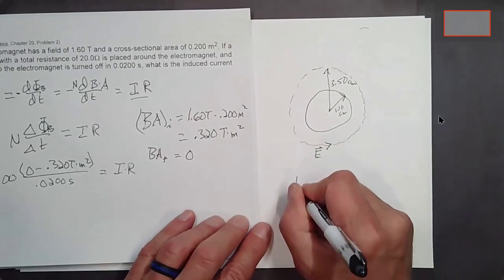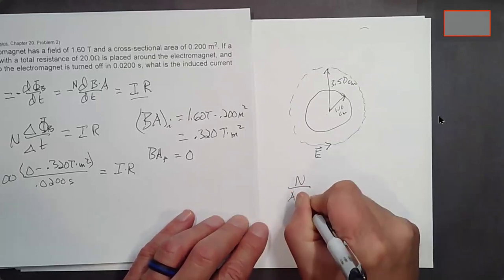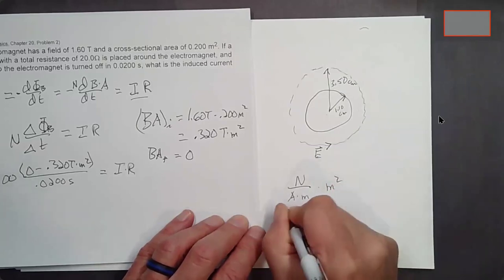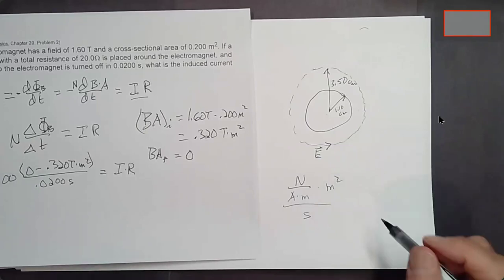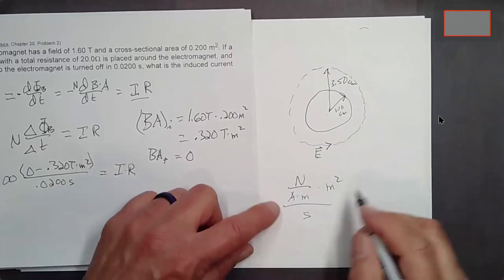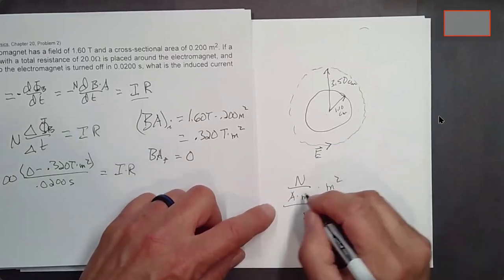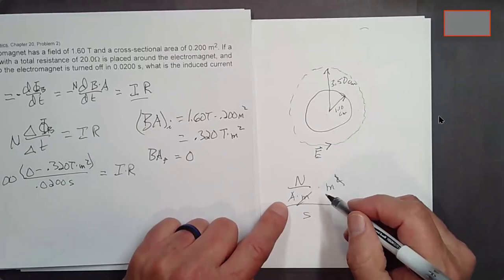A Tesla is a Newton per amp meter times a meter squared, and I'm dividing by a second. Oh, the joule per amp.